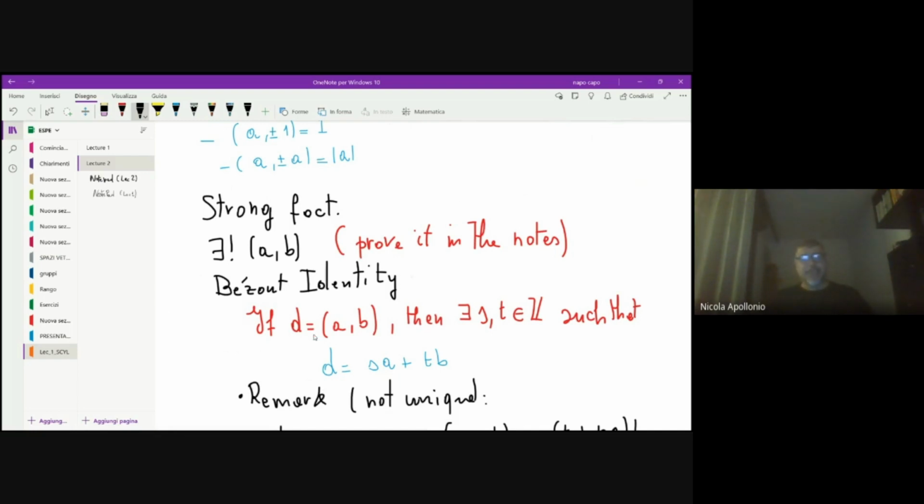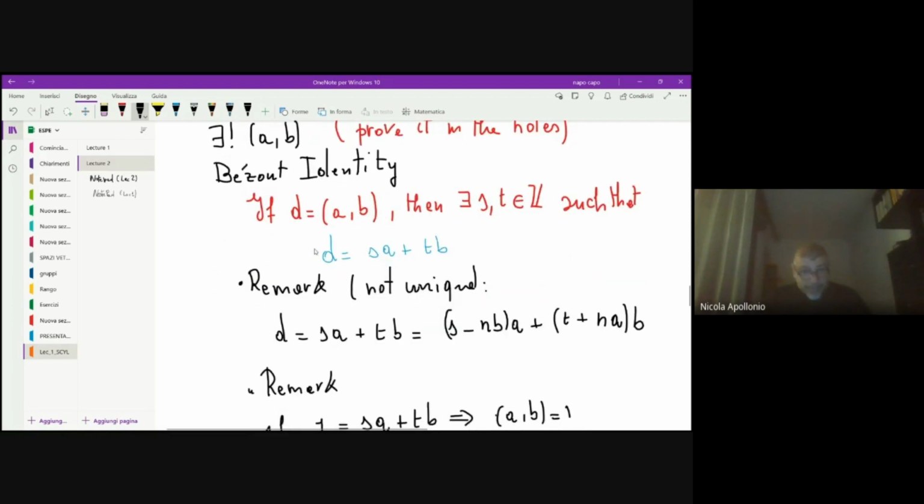If D is the greatest common divisor, maximum, largest, whatever you like, of A, B, then there exist two integer numbers S, T such that you can write D as an integer linear combination of A and B.